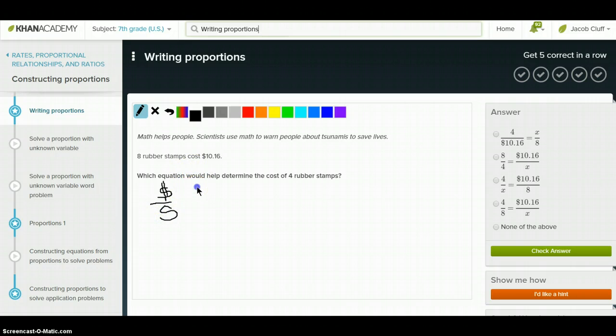So let's say 10.16, because that's the dollars, over 8. So $10.16 for 8 stamps, and then we want to find an equation for the price of 4 stamps.